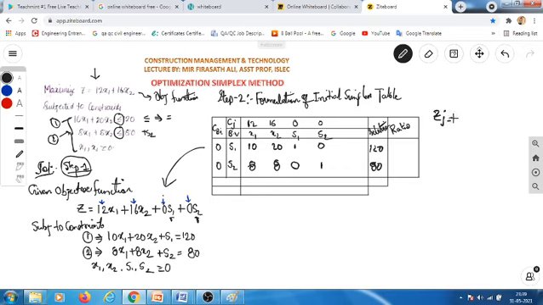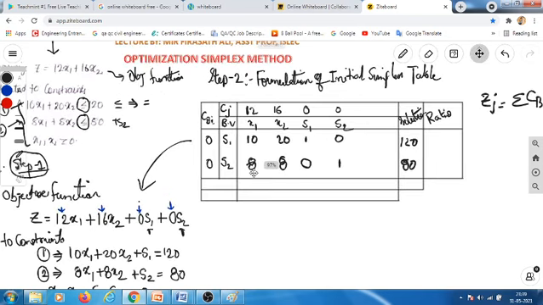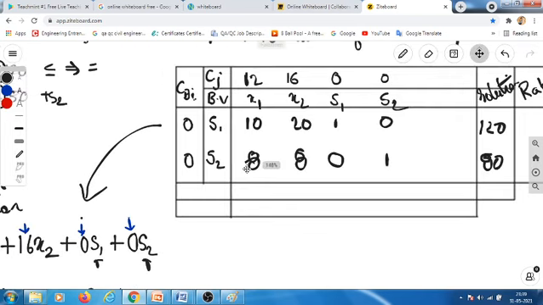To write the Zj value we have sigma Cbi into xi, sigma Cbi into xi. Now, look at the simplex table. I will explain to you.